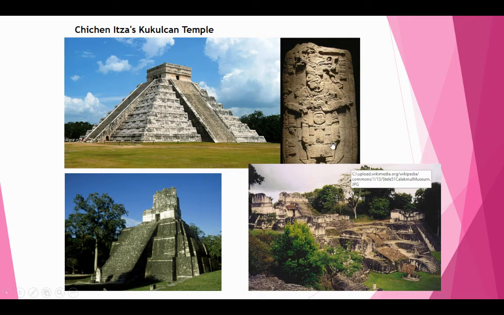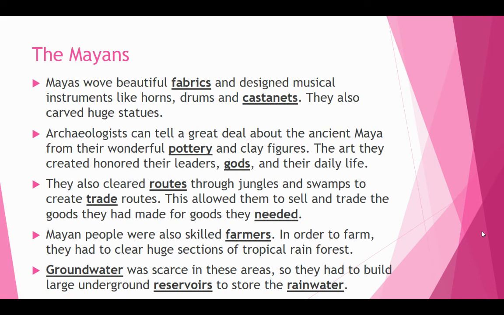You can also see their artwork here. Other forms of artwork were their beautiful woven fabrics, and they also designed musical instruments like horns, drums, and castanets. They also carved huge stone statues like the one that I showed you on the last slide.